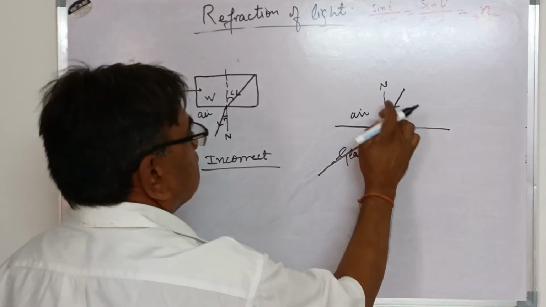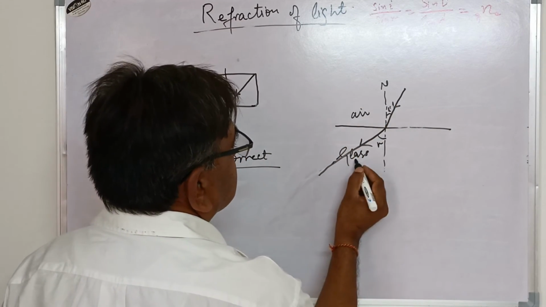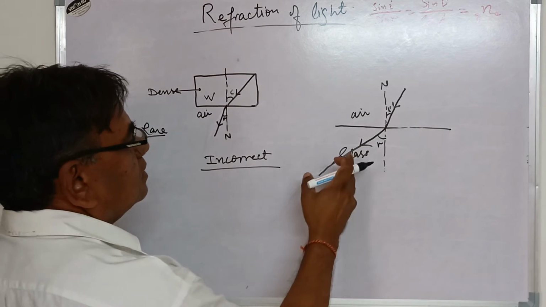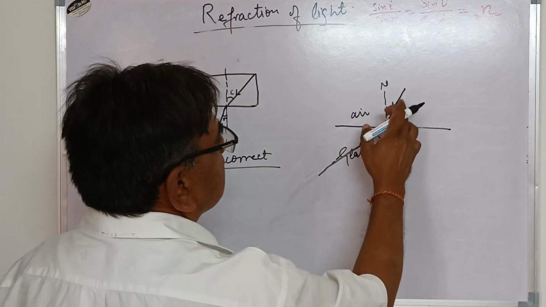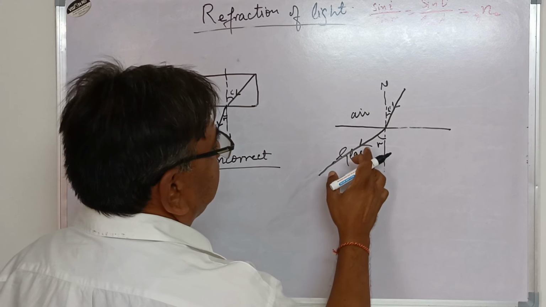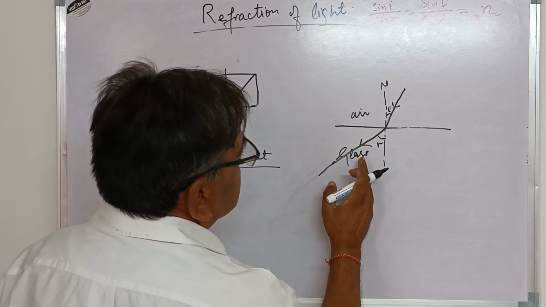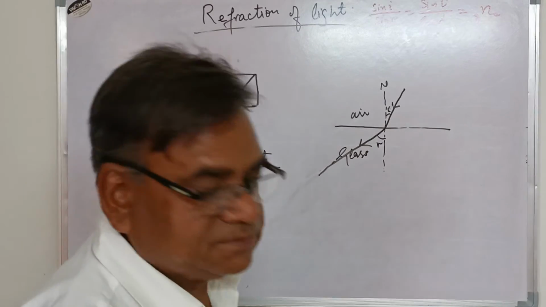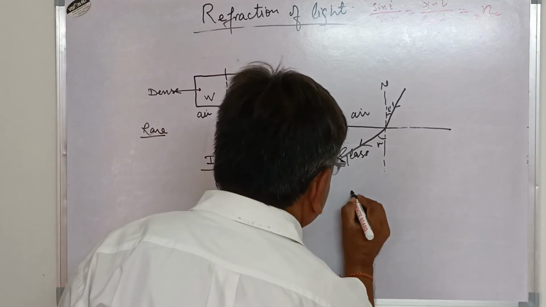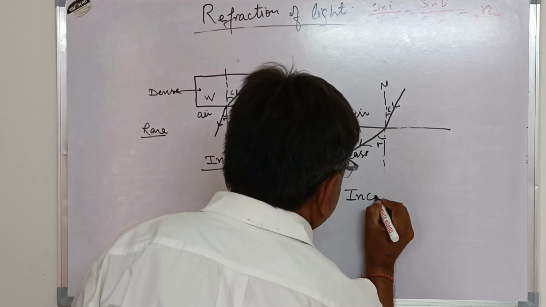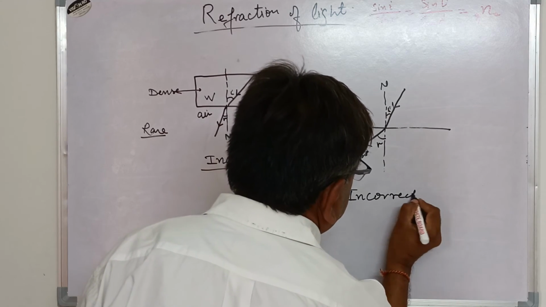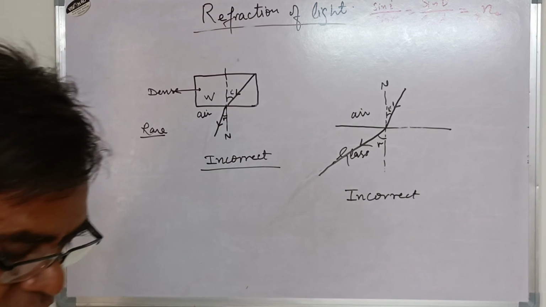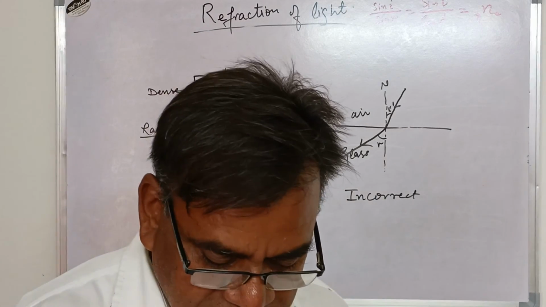This is I, the incident ray. This is air, this is glass. So this figure is also incorrect, because the refracted ray bends towards the normal when it enters a dense medium. So this is also incorrect. Your rules will be clear from these figures.